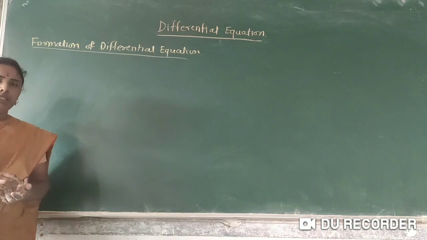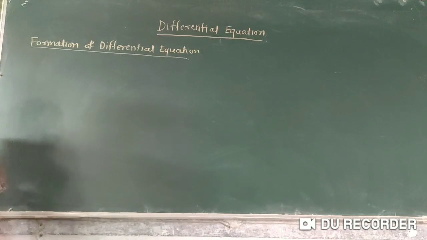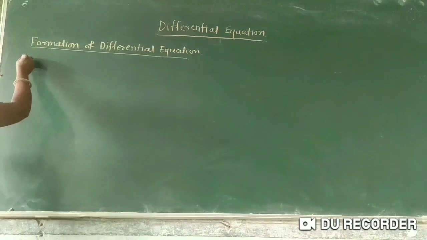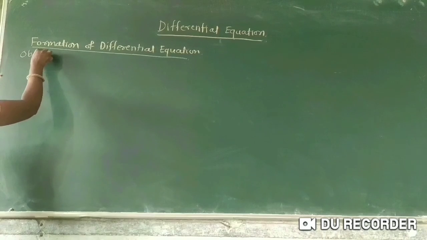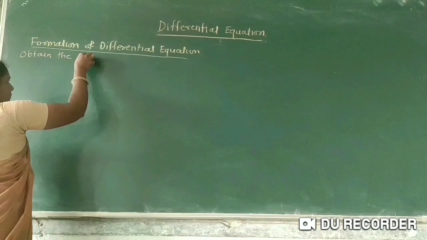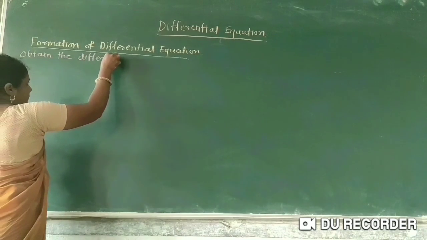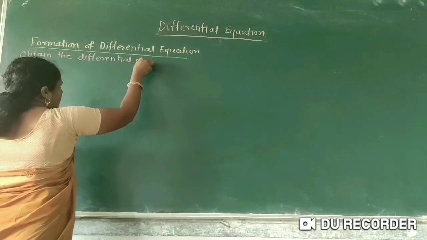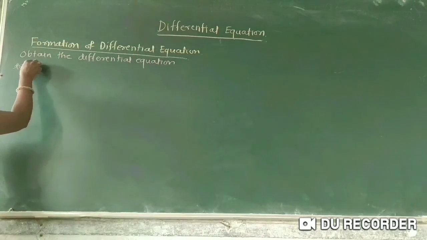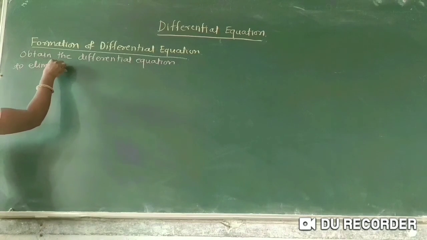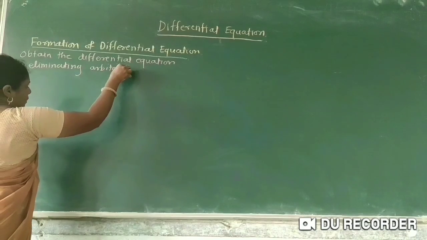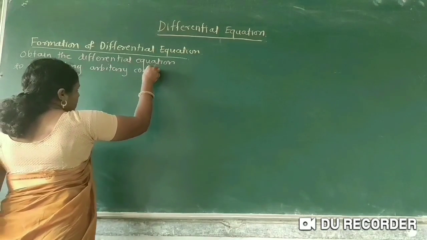See the examples in exercise number 6.2. Obtain the differential equation by eliminating arbitrary constants.